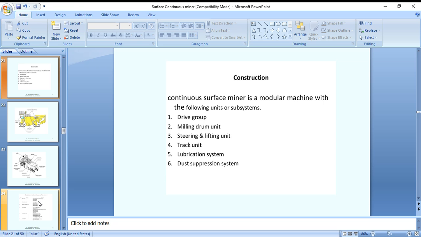The basic parts of these subsystems are: the driving group is there, a milling drum unit is there, the steering and lifting unit is there, the track unit is there, the lubricating system is there, and the dust suppression system is also there. These are the major components of this machine.